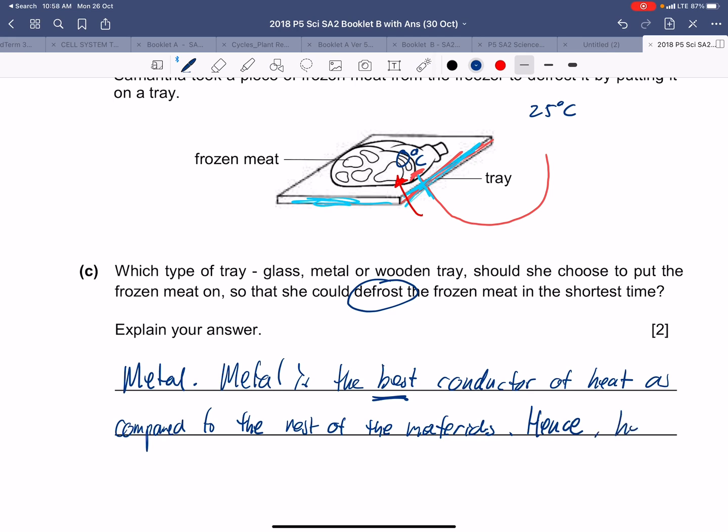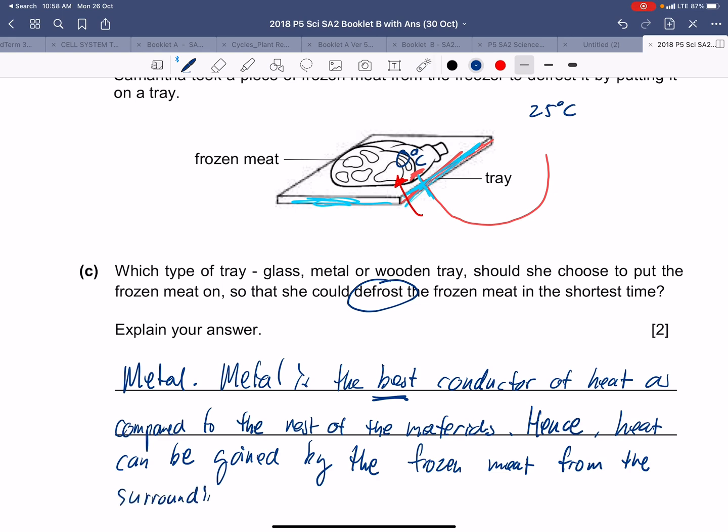Hence, heat can be gained by the frozen meat from the surrounding at a faster rate.